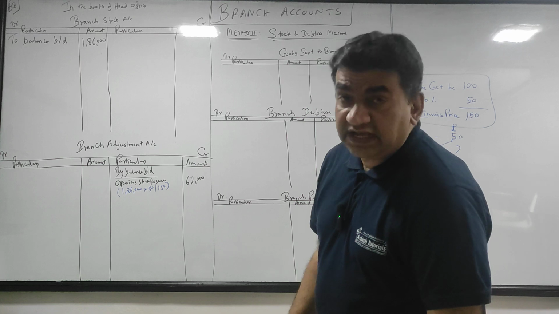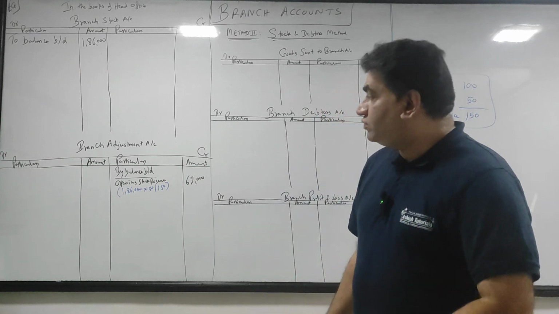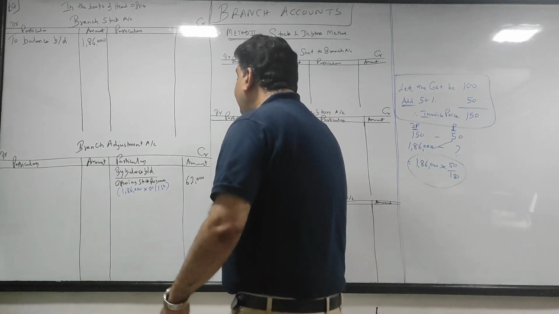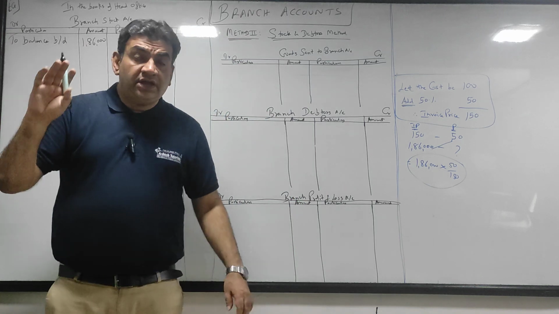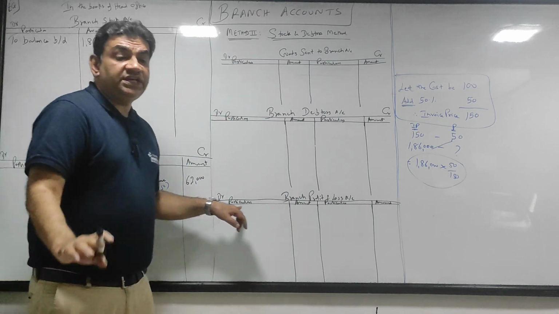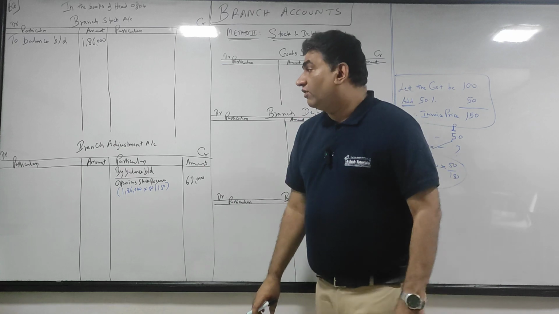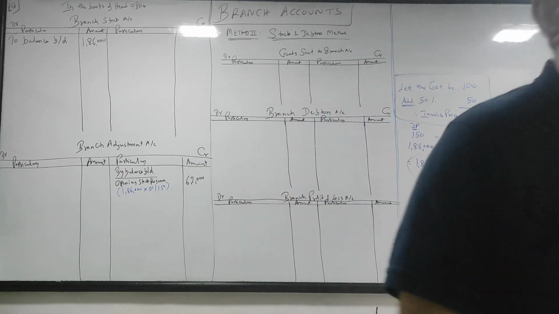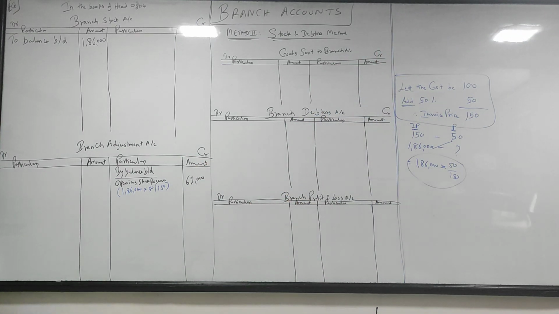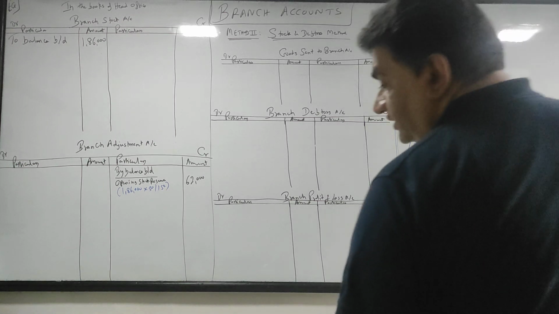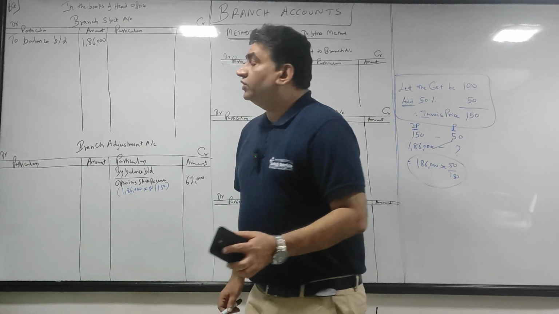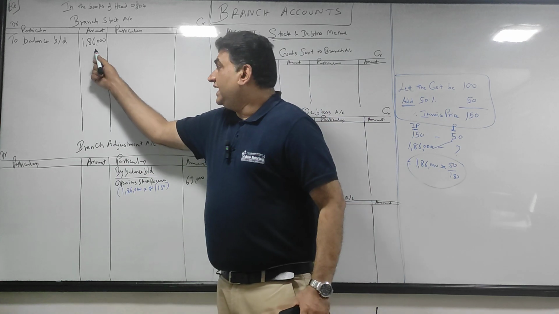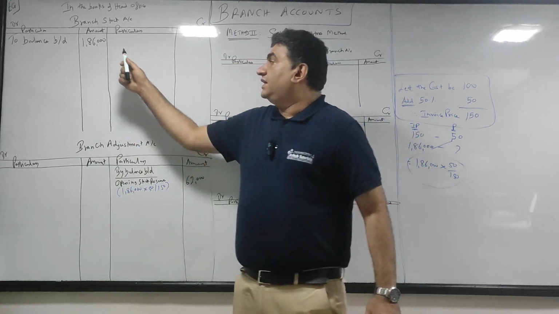Got it? So इसका मतलब ये है, this means ये जो 186 है invoice price, उसमें से 62,000 is my profit. तो इसका मतलब ये हो गया 186 में से 62 निकाल दिया, बाकी is my stock.